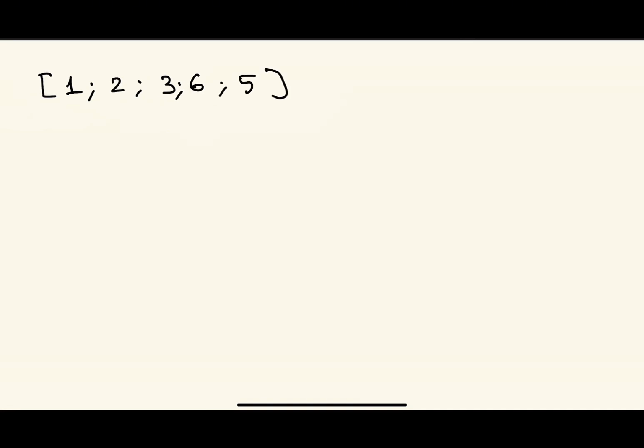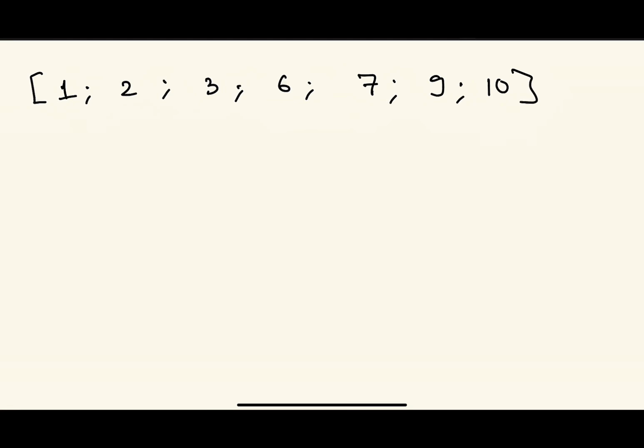You can see that we cannot perform a binary search on this array because it is not in sorted order. So in order to do the binary search, you have to ensure that the 1D array is in sorted order. So 1, 2, 3, 6, 7, 9, 10. And now I ask you to search for the target value 2.